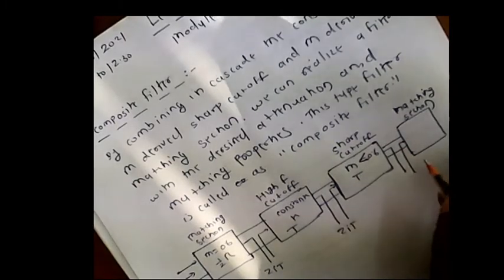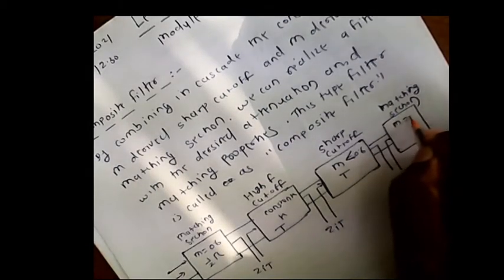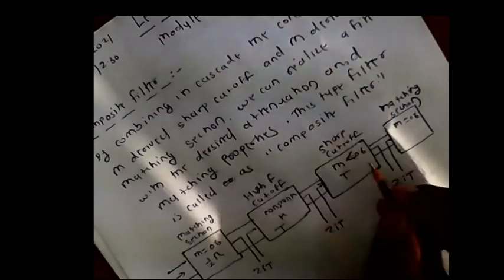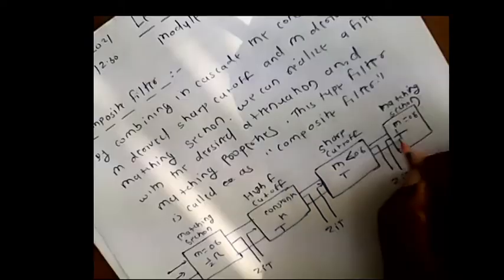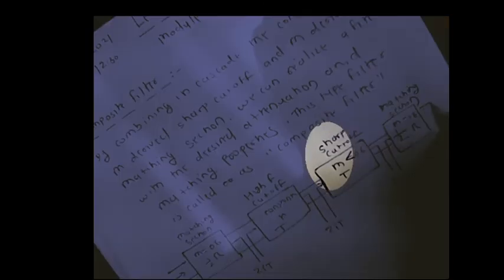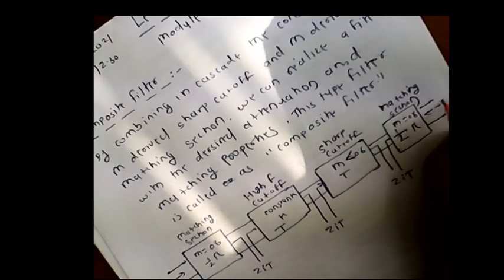Then sharp cutoff, the value M is equal to 0.6 for the T network, and finally the matching section having the characterized impedance for the T section, and the value of the M factor, which is a parameter, is 0.6 for the 1 by 2 pi, and the characterized resistance is equal to R0.